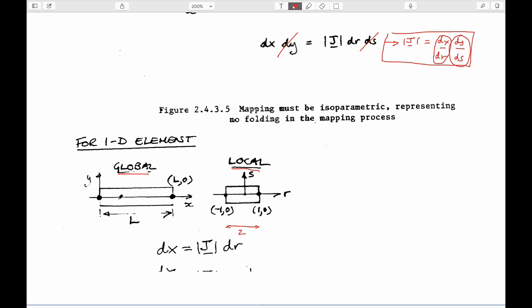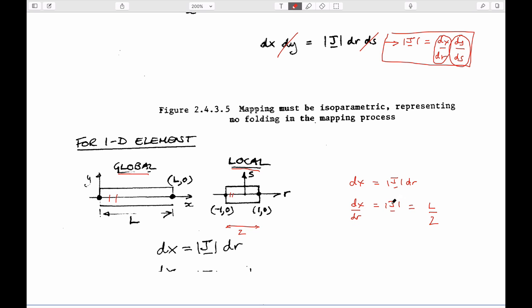And if the mapping is piecemeal uniform, so in other words, if we take this geometry and we squeeze it uniformly to get it into this second geometry here, so that every single portion of this gets reduced by the same amount as you go along here, just uniformly squeezed, then we can straightforwardly write this as just dx is equal to the determinant of the Jacobian, dr. And so in this particular case, the determinant of the Jacobian, just by rearranging these terms, is dx over dr. And if we take the actual size of this, then over the whole length of this is L. And the bi-unit square, I guess the bi-unit length, is 2.